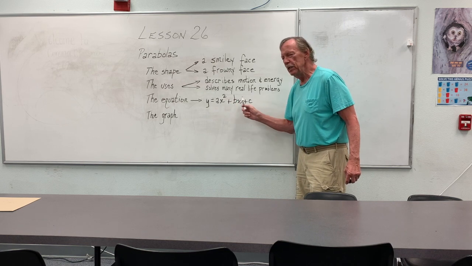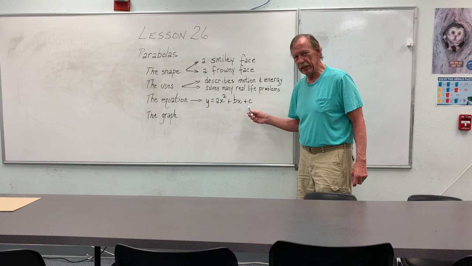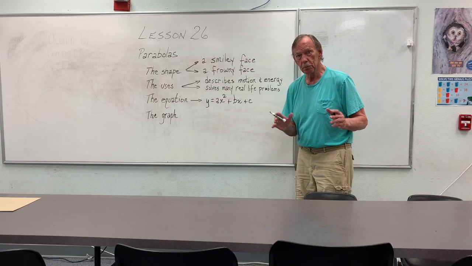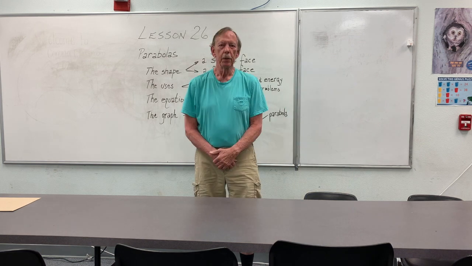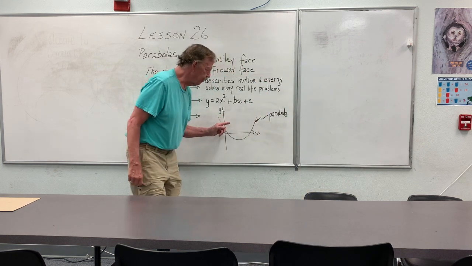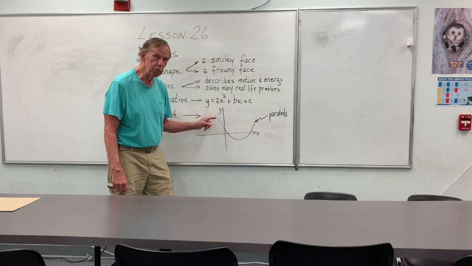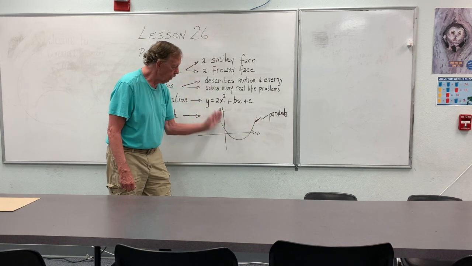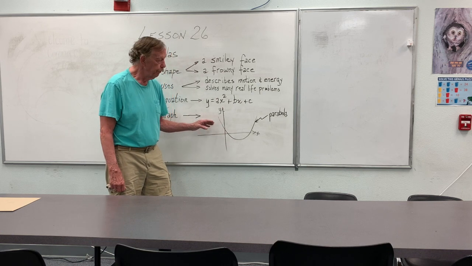Now each one of these letters, the A, B, and C, has a meaning, and we're going to talk about those in just a moment. The graph of a parabola, this is a smiley face parabola on the x, y axis system.